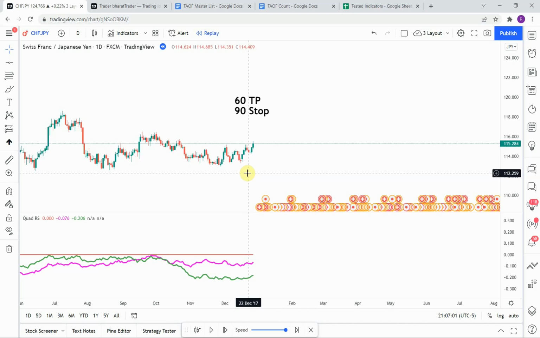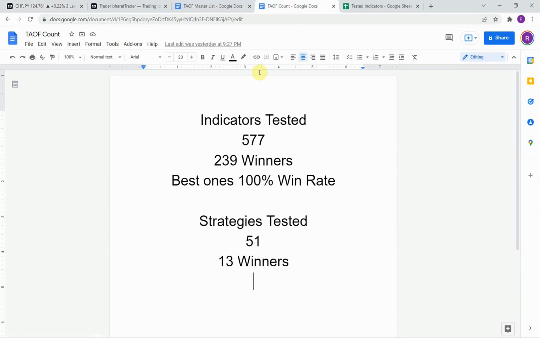Alright, as I said, today we will be testing the Quad RS indicator. Before we do though, I wanted to put the testing scoreboard up for everyone to see. So to date, we have tested a total of 51 different strategies, with 13 of them being profitable. We've also tested a total of 577 indicators, with 239 of them being winners.